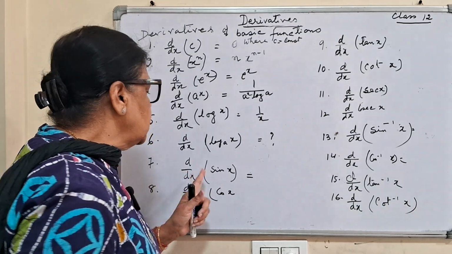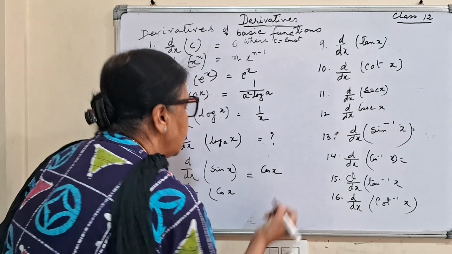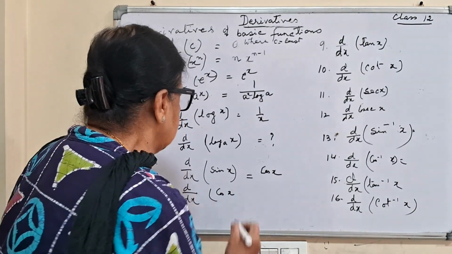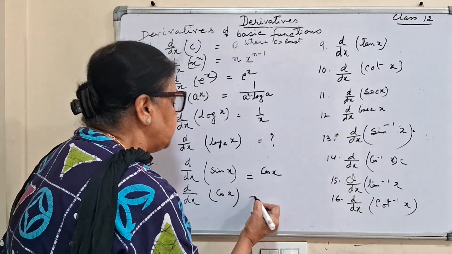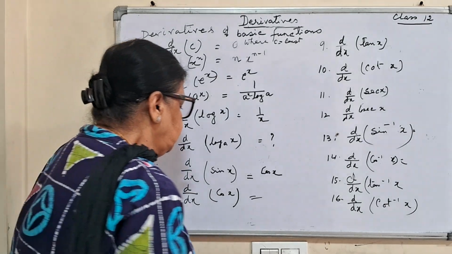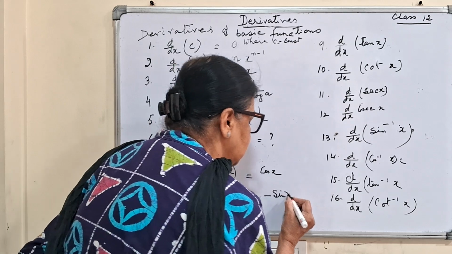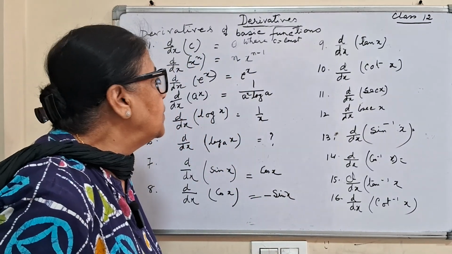Then d/dx of sin x is cos x. d/dx of cos x is equal to, since it is a co-function, it will be negative: minus sin x. It changes, but with a minus.